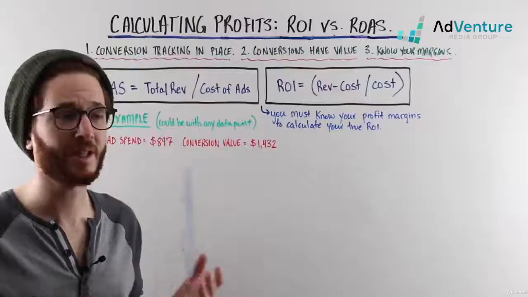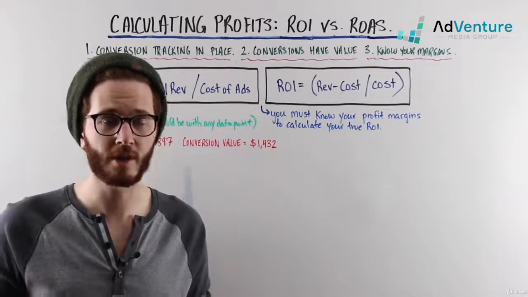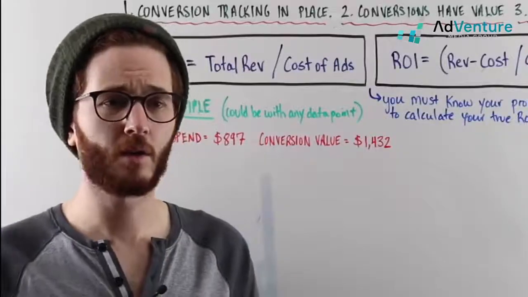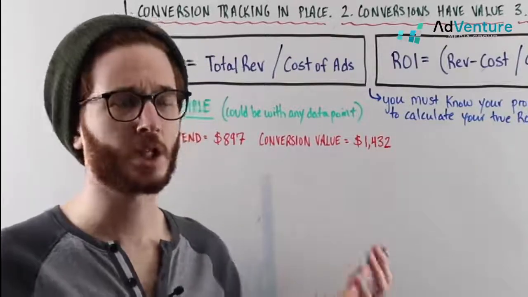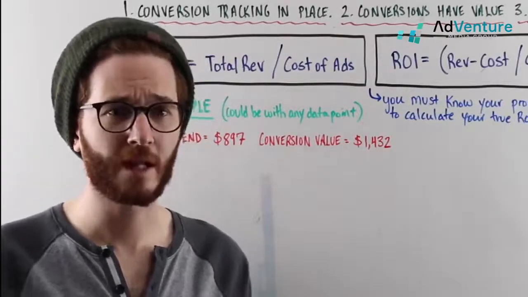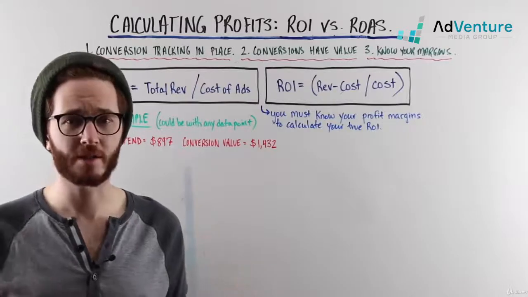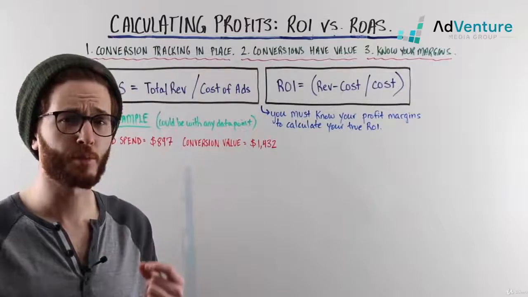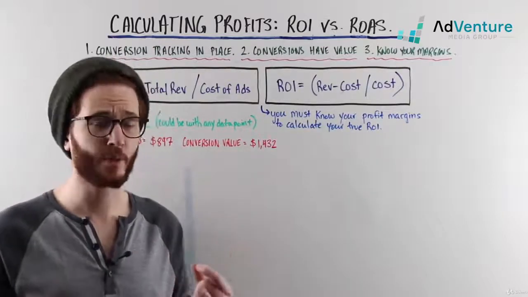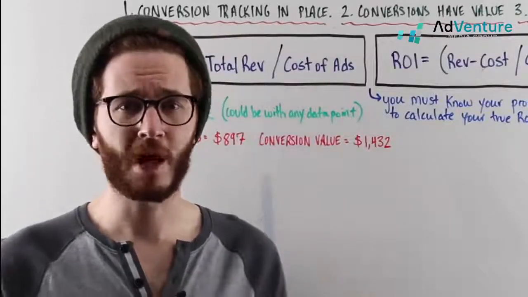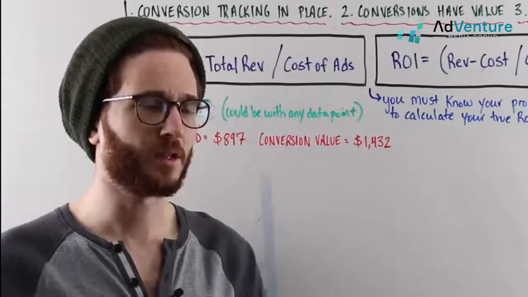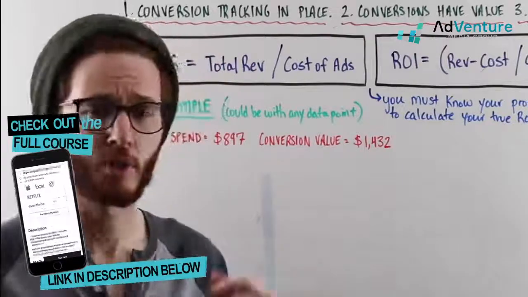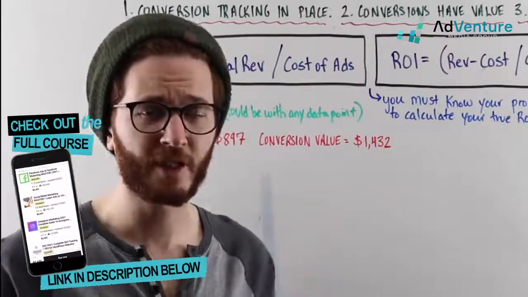Okay, so for example, if you're an e-commerce store and you sell physical goods and you sold 10 items that cost the consumer $10 each and you're using that conversion tracking to track those values, so your value is $100 for those sales. But that's not necessarily the profit your company got, because for example, let's say you only make a 50% profit margin because you have to buy the goods and there's a cost of shipping. Then your value per conversion, your profit per conversion is really only $50 and not $100.